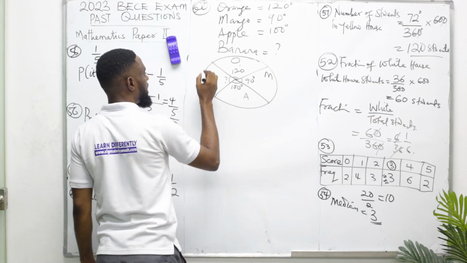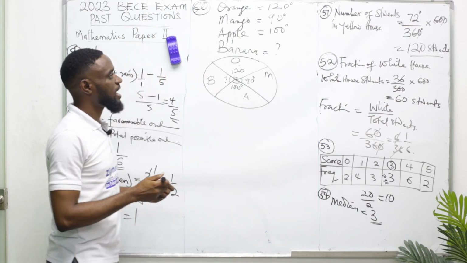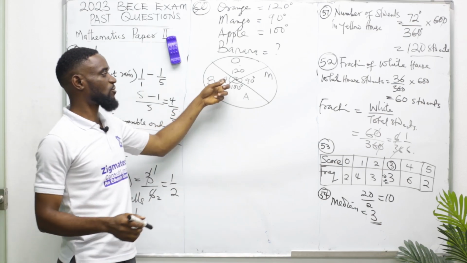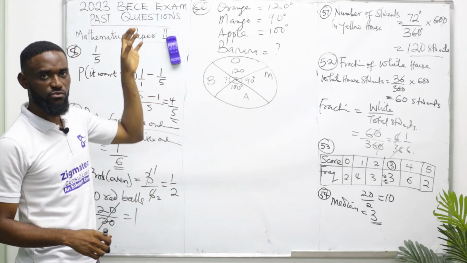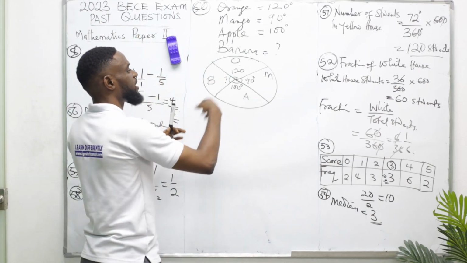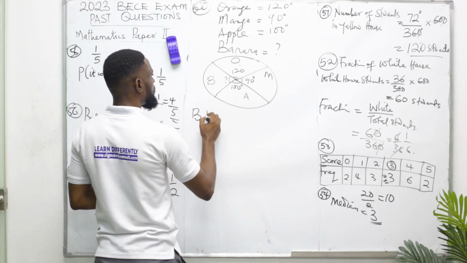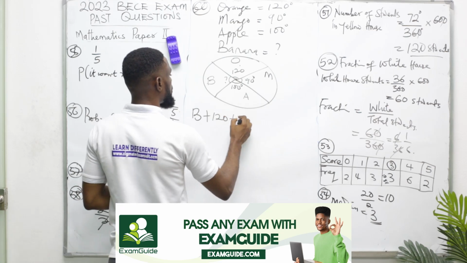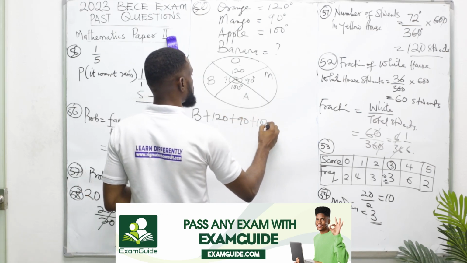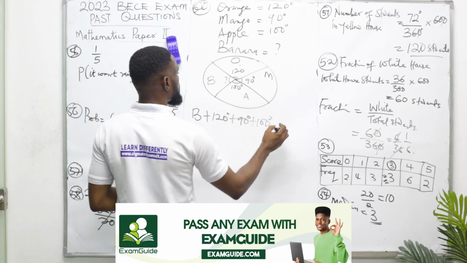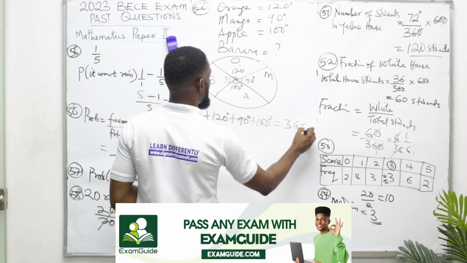So they're asking us, how do we get the angle for banana? We did this just some moments ago. Add all of them, and subtract from 360. So this is B plus 120 plus 90 plus 100 degrees is equal to 360 degrees.